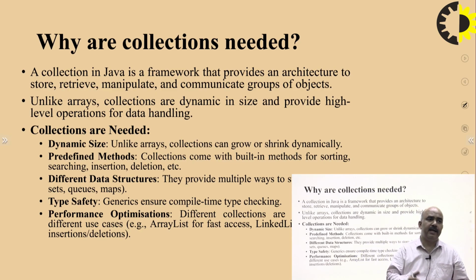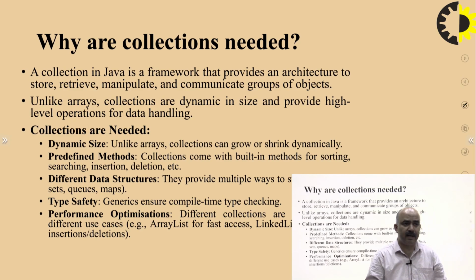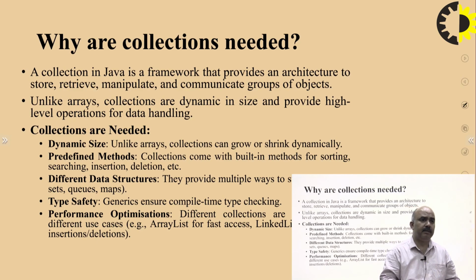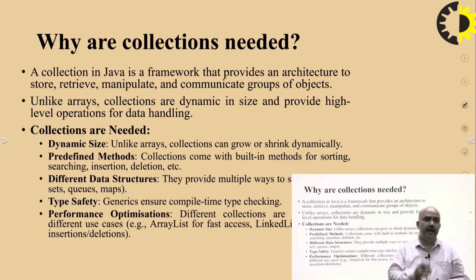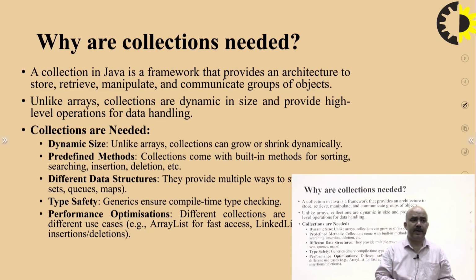So generics ensure that compile time checking is done. Generally in Java, while providing collections, we use generics to define the type of data, defining how that list, array, stack, set or queue has been defined.